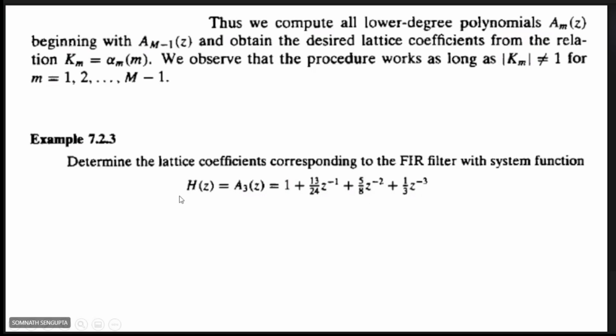In any expression it should be mentioned what coefficient it is, lattice coefficients or direct form coefficients.